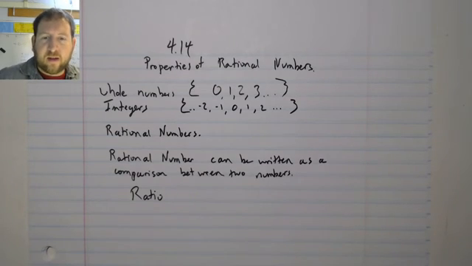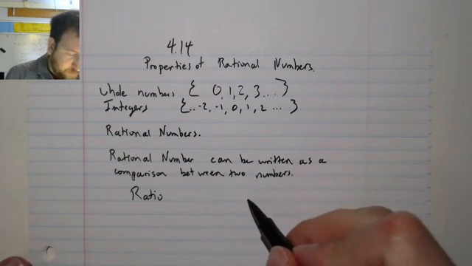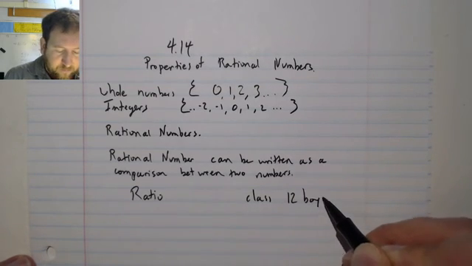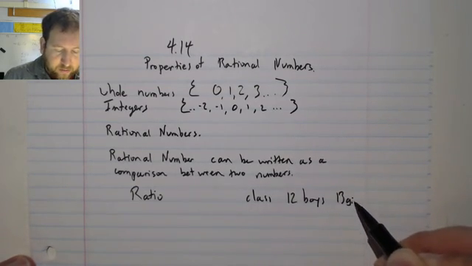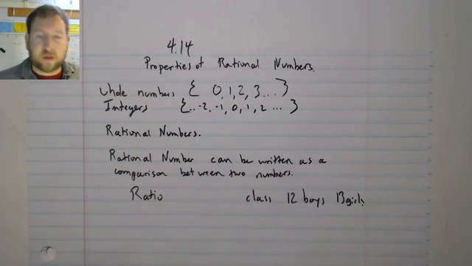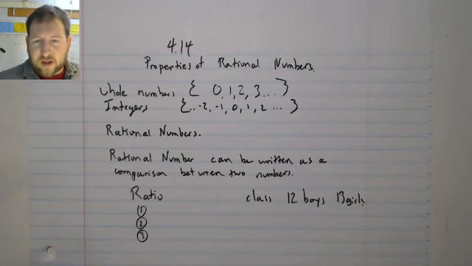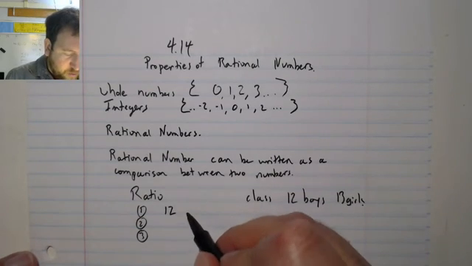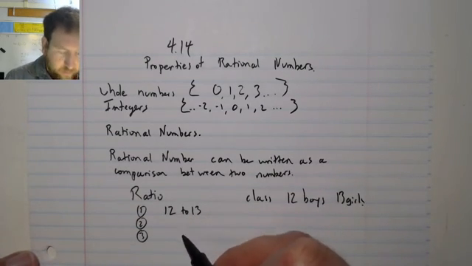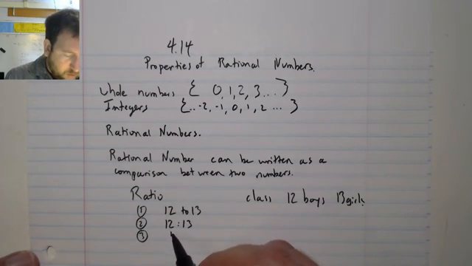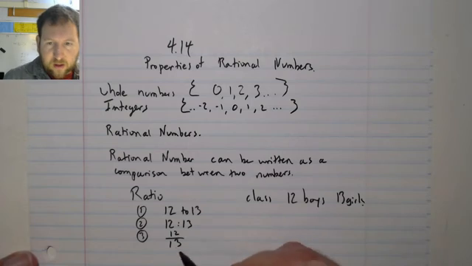For example, say that we have a class and there are 12 boys and 13 girls. We can write this ratio three ways, three different styles. We can say we have 12 to 13, 12:13, or we can write it as a fraction.